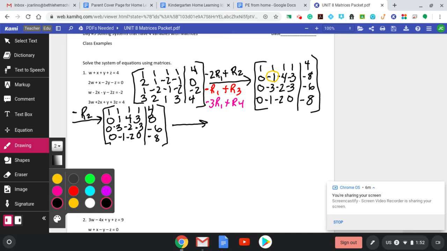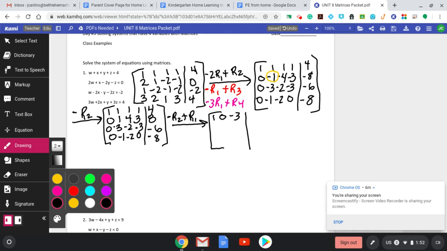I'm going to have to multiply by a -1. So my new row 1 here. Okay, I'm going to have to multiply row 2 by -1. Okay, so let's rewrite that new row. So now I'm still going to have 1, still going to stay 1. That 1 becomes a 0. So -4 plus 1, -3. -8 plus 4 is -4.